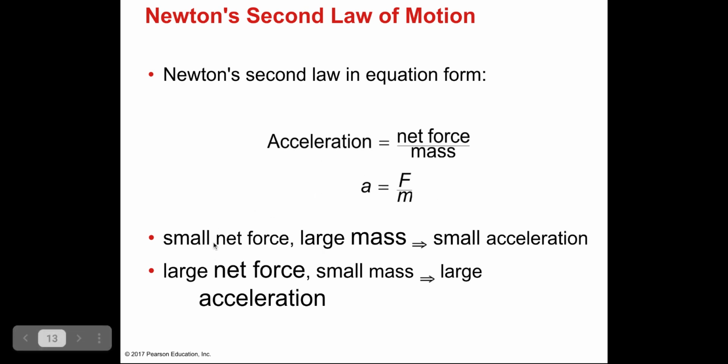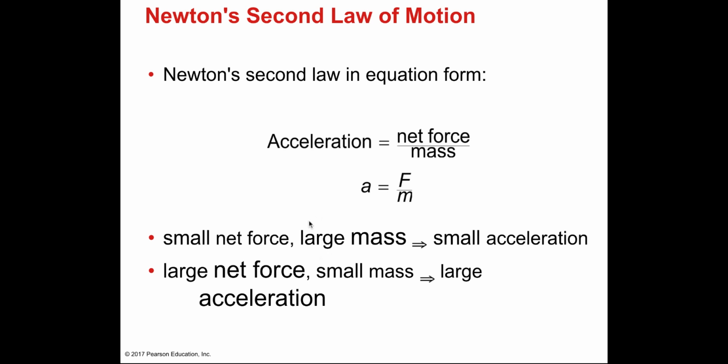So a small net force acting on a large mass is going to produce a small acceleration. So if you look at it, small force, small acceleration, they go together. That's why they are directly proportional.